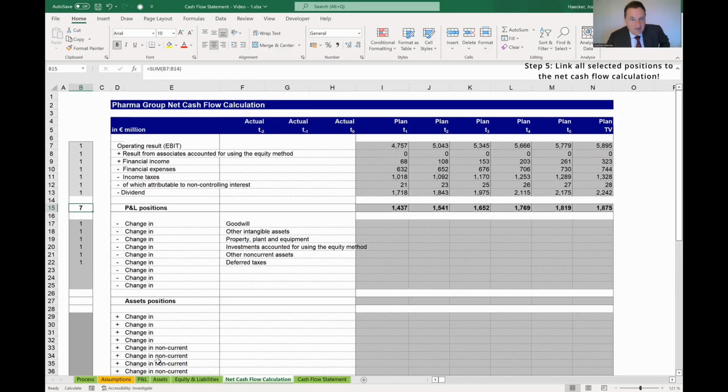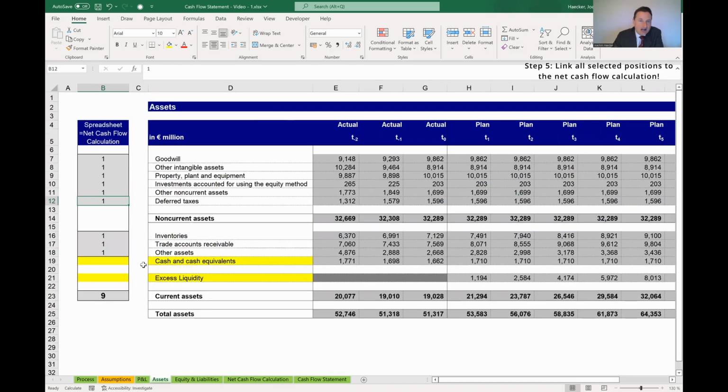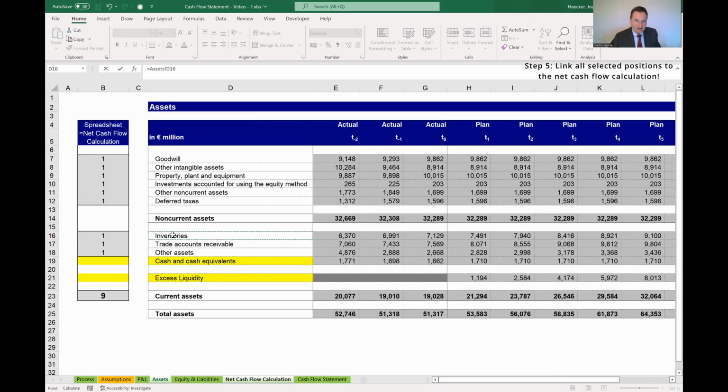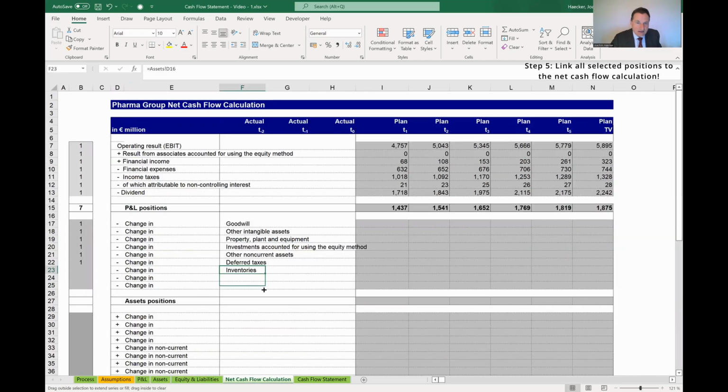Here, on the asset side, we need to add the current assets. How many do we have here? 3. Therefore, we need the following 3 positions. Change in inventories, it's here. And change in trade accounts receivable and change in other assets.